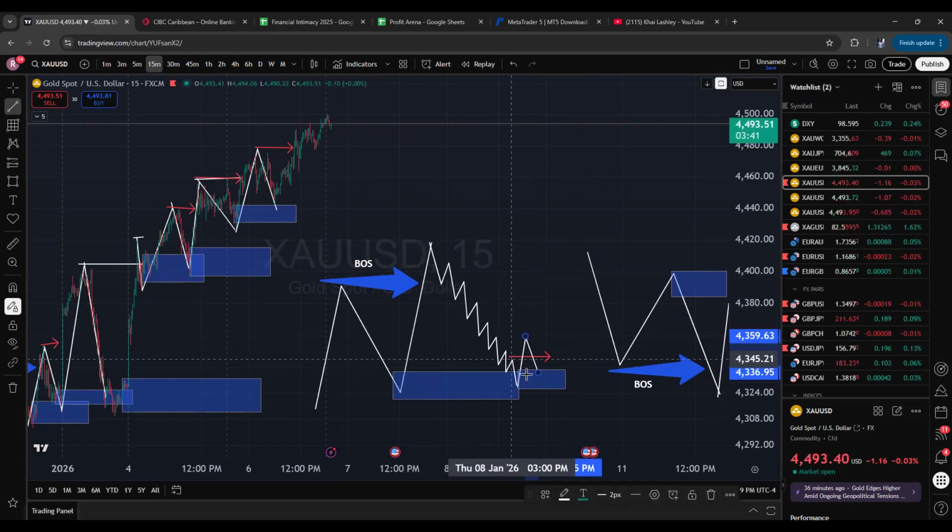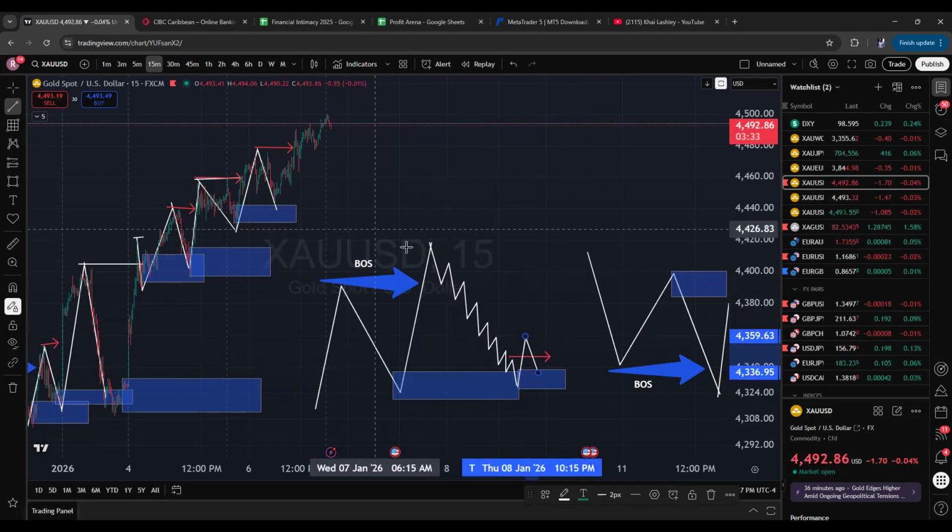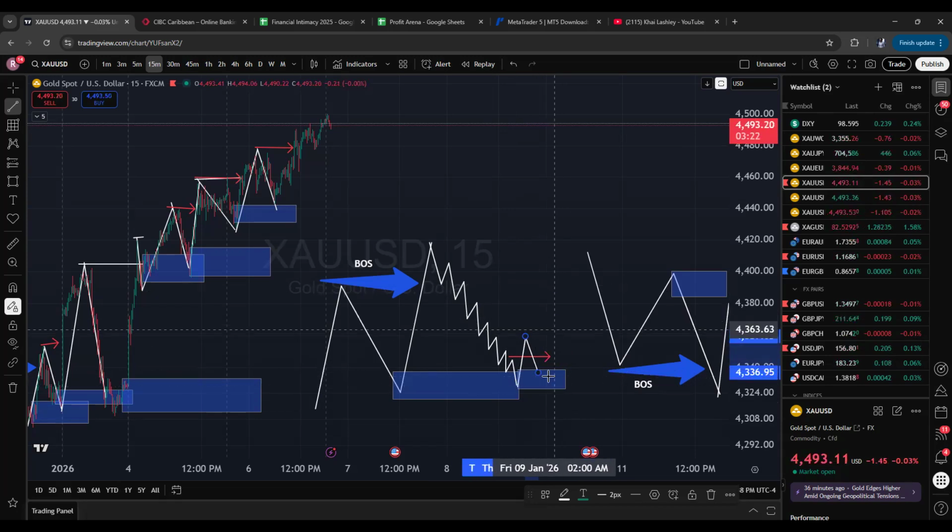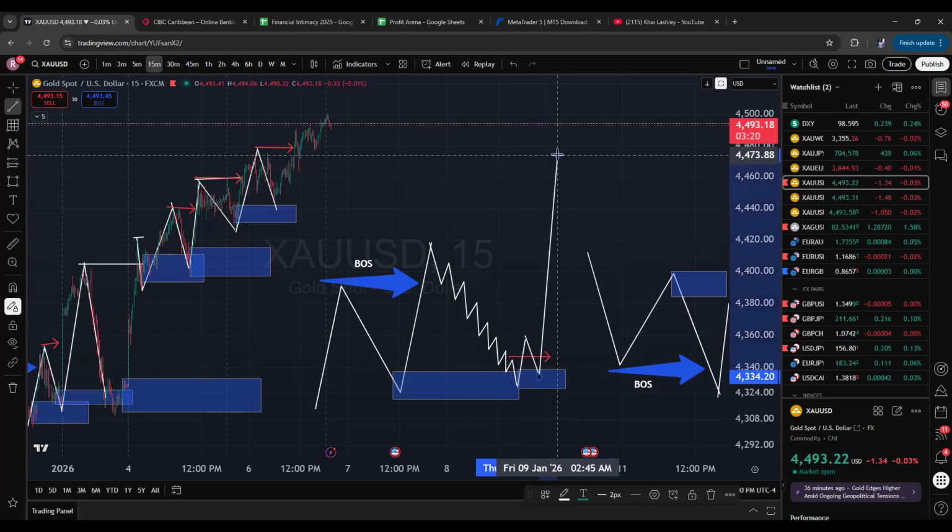Because what this did, this gave me an indication: all right, we are done pulling back. We're done selling. We're done going down. We are now looking to shift to the upside. So this confirmed, or gives me a higher probability that this is going to go up.